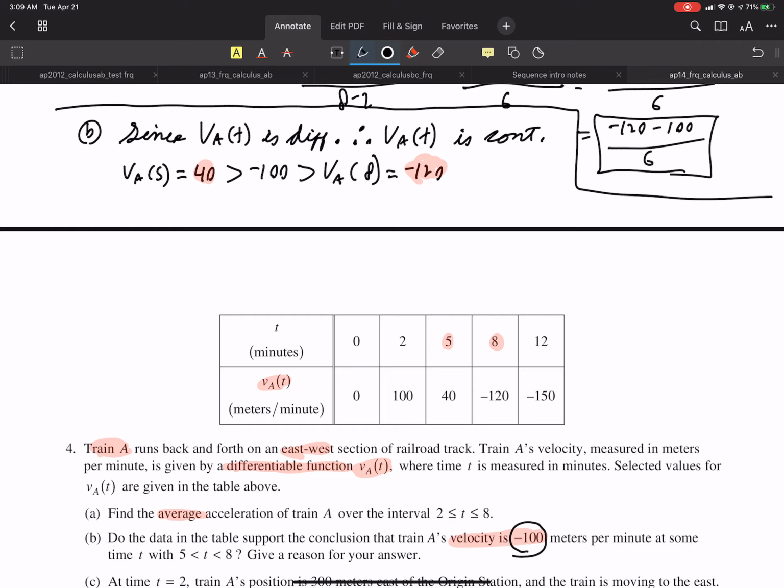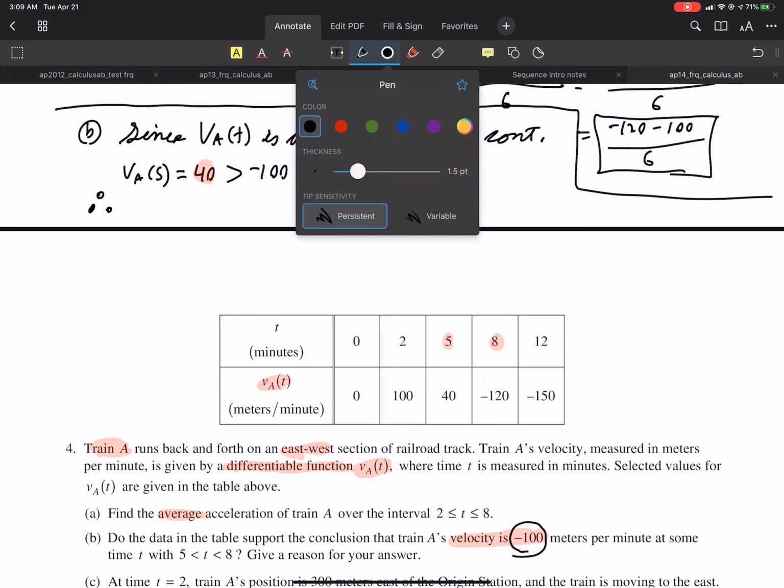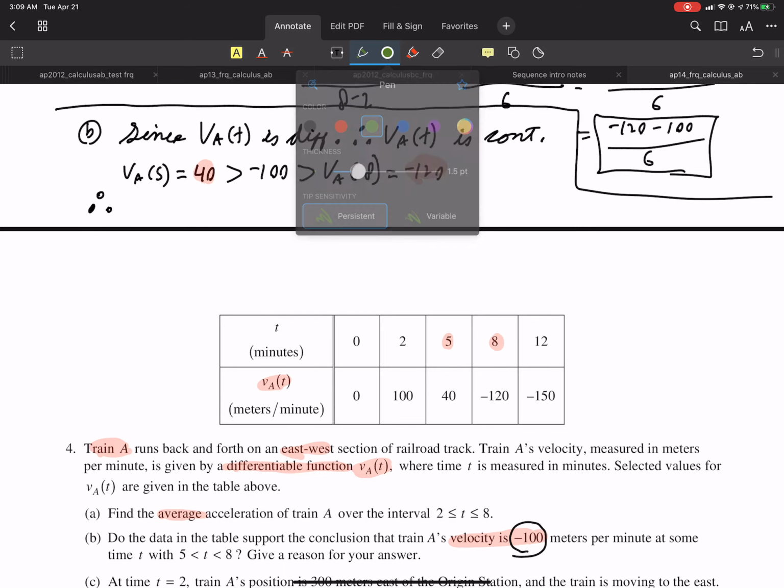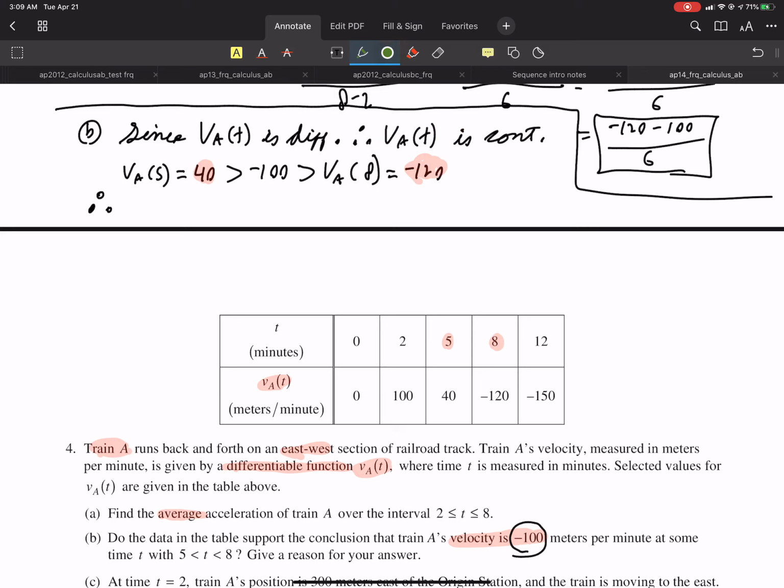Now we're done. Therefore, and I'm not going to write this out, but you're going to write, I will circle it in green. What do they want? Does the data in the table support the conclusion that, so you can say, therefore, train A's velocity is 100 meters per second at some time t between 5 and 8.